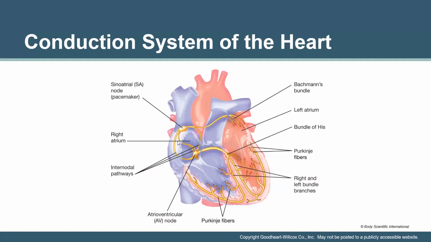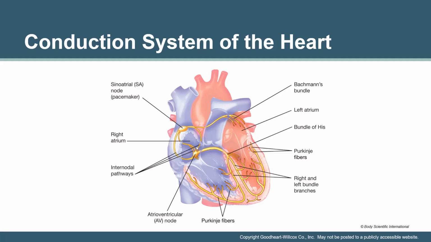The primary internodal pathways will conduct the signal to the AV node or atrioventricular node. Again, by the name of it, that should tell you that it sits between the atria and the ventricle. From there, there will be a branch that will travel into the interventricular septum.